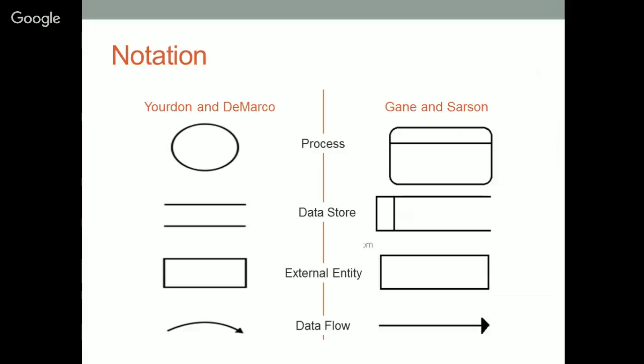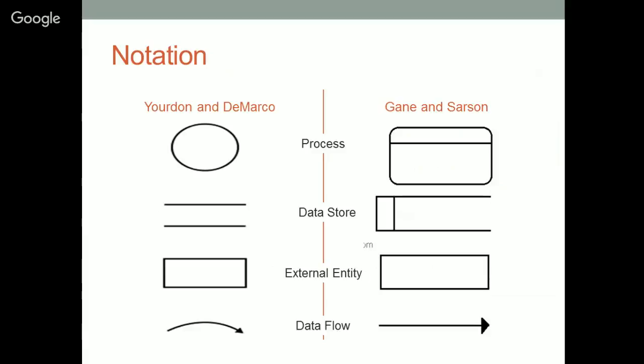So the process is anything that processes or manipulates data in the system. The data storage, those are things like databases, and it's where the data is stored in your information system. Then we have the external entities, and these are the inputs and outputs of the system.